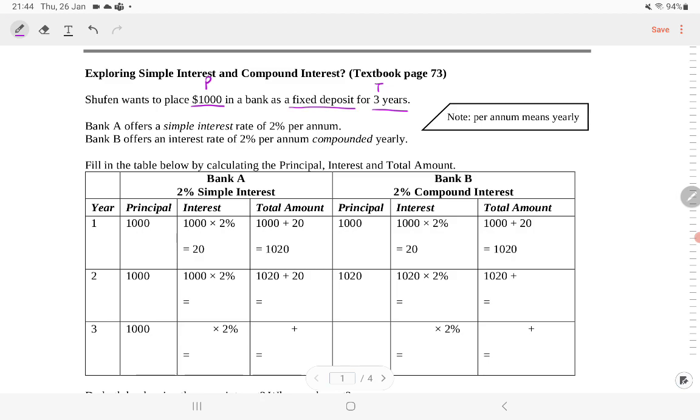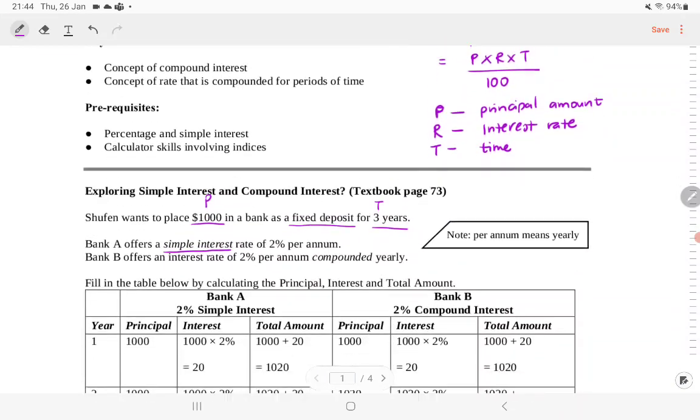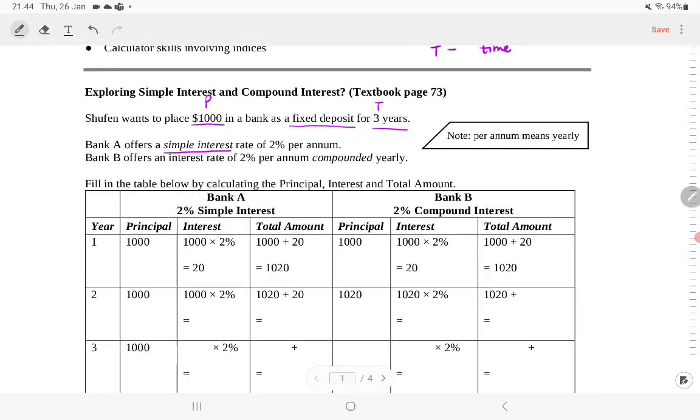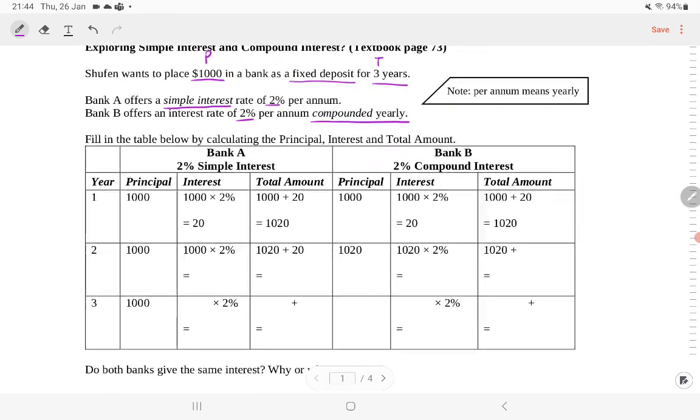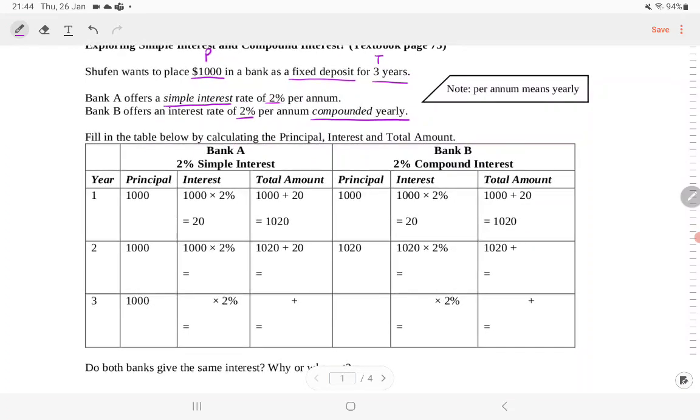Bank A offers simple interest, which is what we have done here, and bank B offers an interest rate of 2%. The percentage interest rate is the same, but compounded yearly. Let's see what it means by compounded yearly in a while.